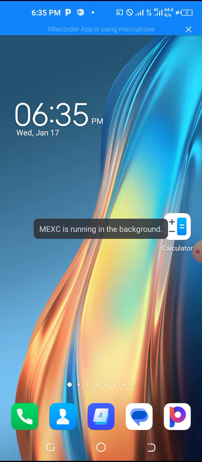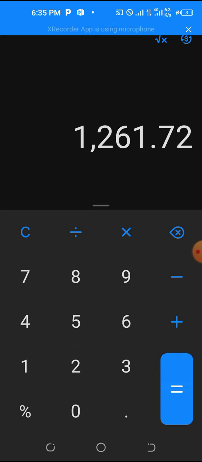Let me go to the calculator. We bought for $20, and we had 1,261.72 of the token. This is what $20 gave us. So if we are buying $20 of this token at the price we put, which was 0.0158513, we are getting this amount.